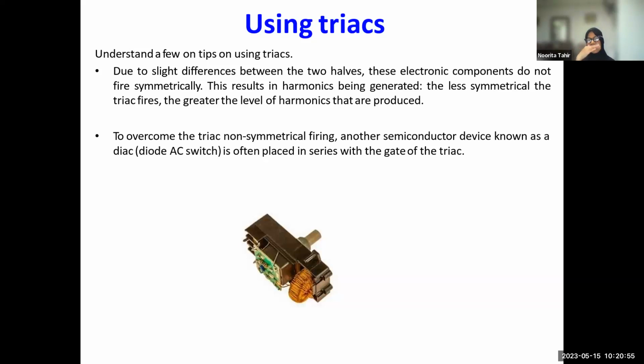Triacs at high power will generate harmonics, which we don't want, so we will look at the diac after this. The result is that the diac switching characteristic is far more even than that of the triac, since the diac prevents any gate current flowing until the trigger voltage has reached a certain voltage in either direction, which makes the firing point of the triac more even in both directions.